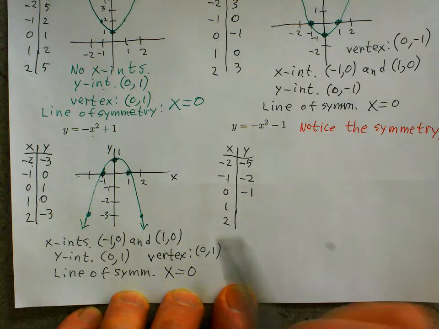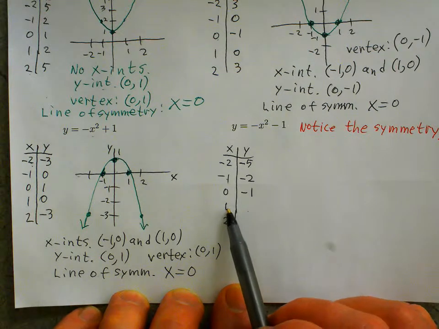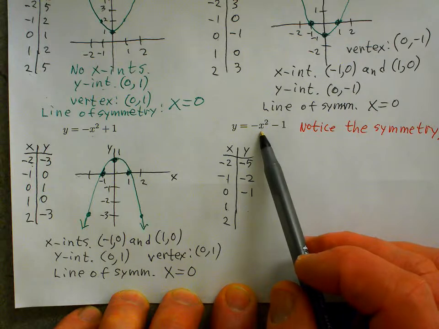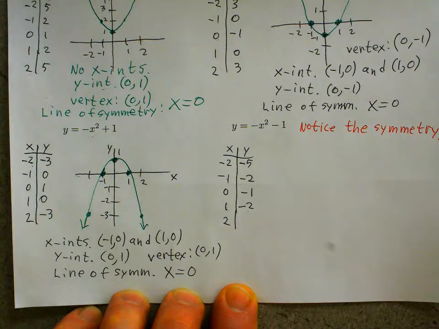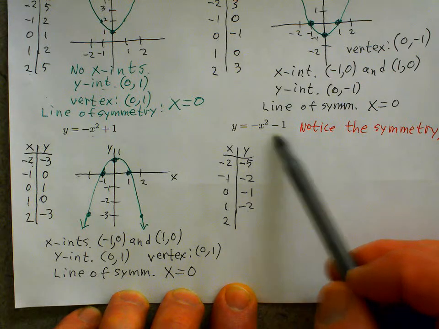But you don't have to leave it to chance. You can always just do the arithmetic. When x is 1, negative 1 squared is -1. -1 minus 1 is -2. When x is 2, 2 squared is 4. -4 minus 1 is -5.